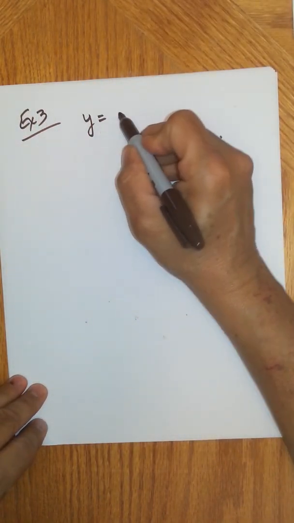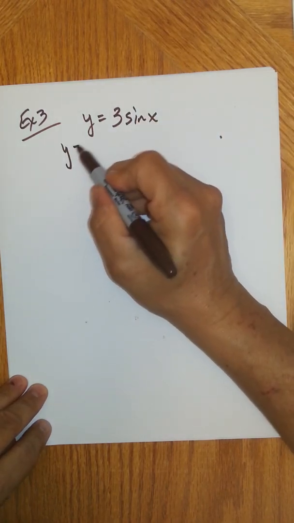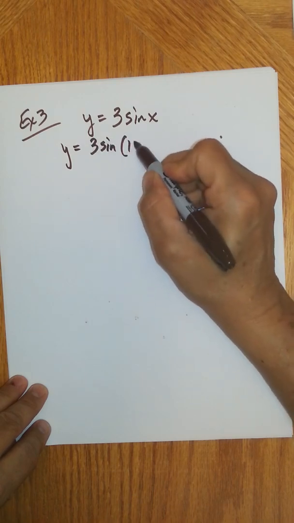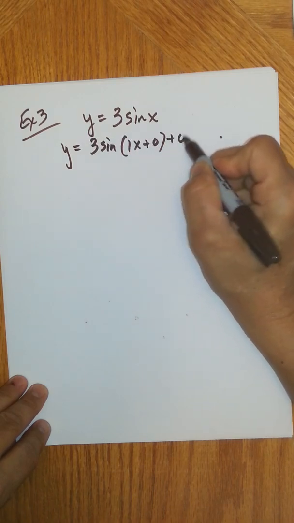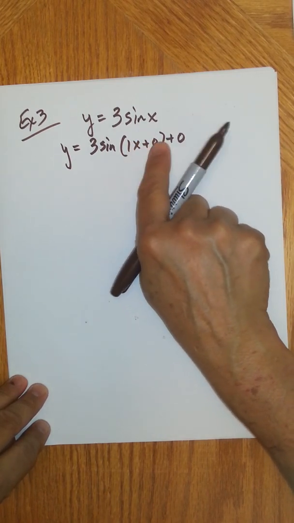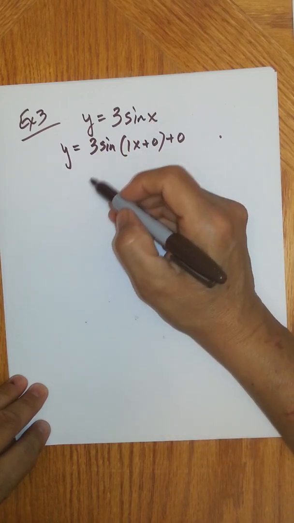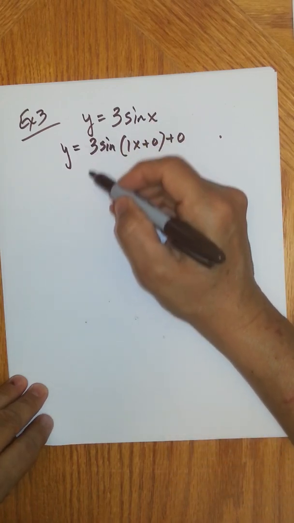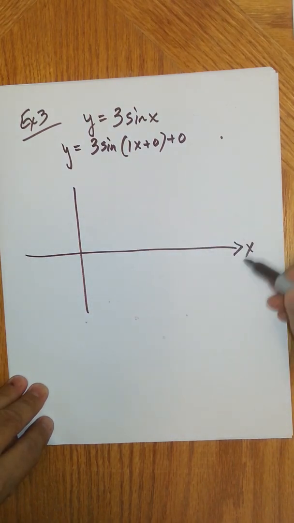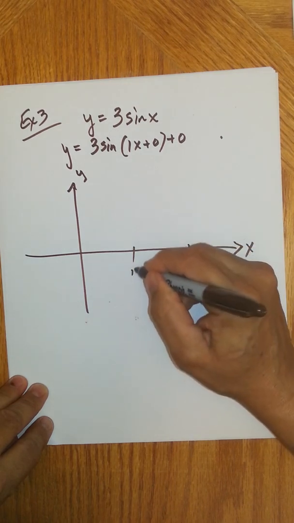Suppose now we look at y equals 3 sine x. Well, filling everything in, I would have 3 sine 1x plus 0 plus 0. So my axis is still 0. There's no horizontal change. The only thing that's happening is I'm going to be stretching from the axis up 3 and down 3. So a is 3. I'm going to go from 0 to 2 pi.